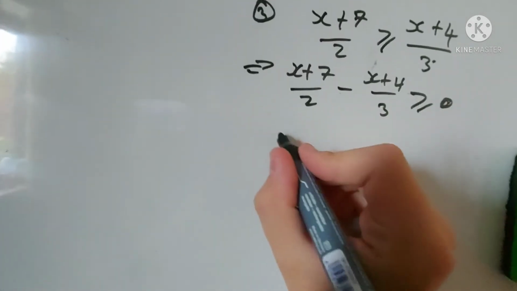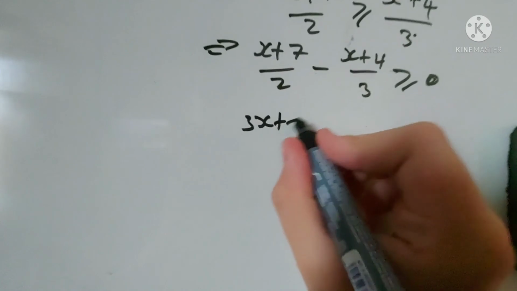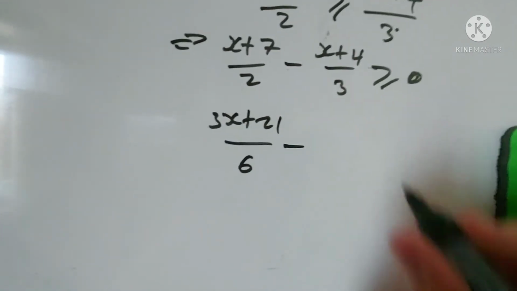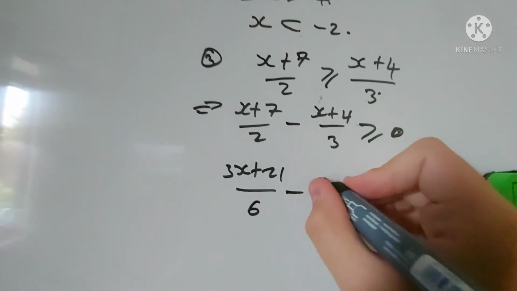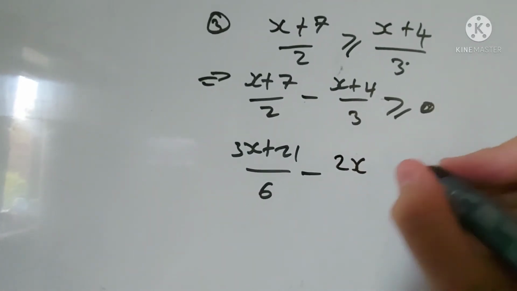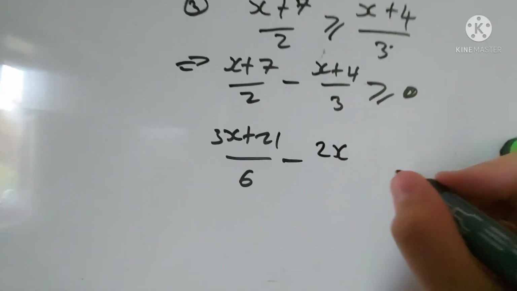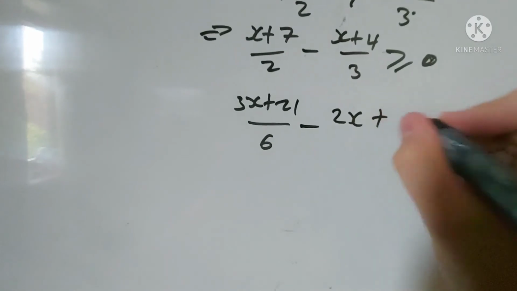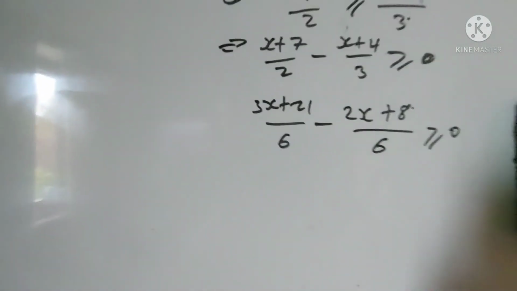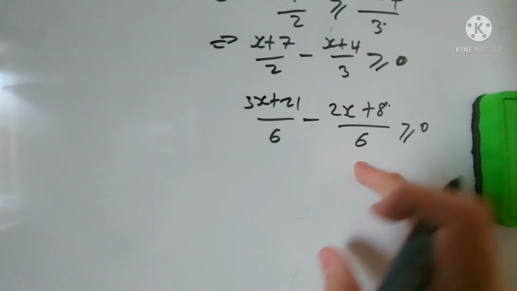So I have 3x plus 21 over 6, making common denominators, minus 2x plus 8 all over 6 is greater than or equal to 0. I'm not showing full stages of the working, so you should be able to do these.